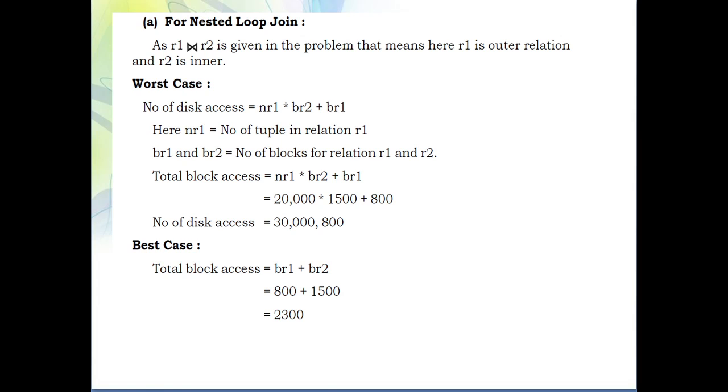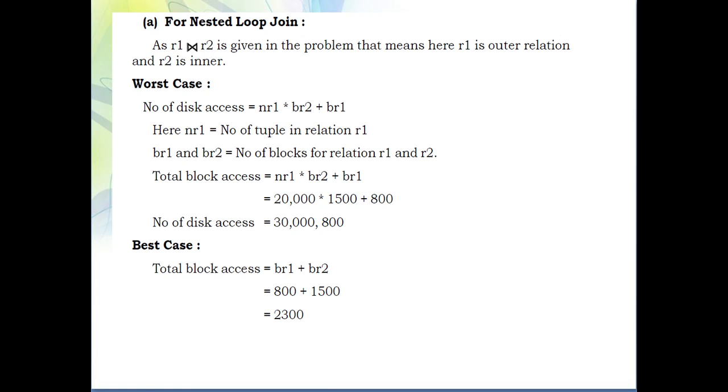In this case R1 is the outer relation and R2 is the inner relation, so R1 join R2 in the given problem. For this we need to follow this formula. You need to calculate the number of block accesses in the worst case as well as the best case. We already discussed the formula for each join operation for the best case as well as the worst case.